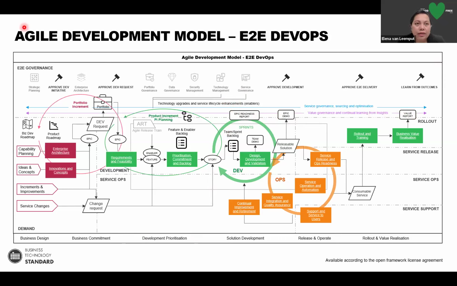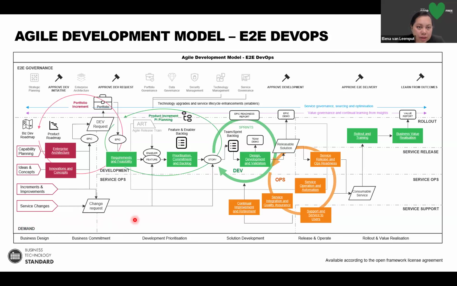And then behind this picture is a canvas. And the canvas represents essentially the development process, starting from the demand, then generation of demand on the left here, and then you move towards the development and to the rollout, release, and service operations and support.